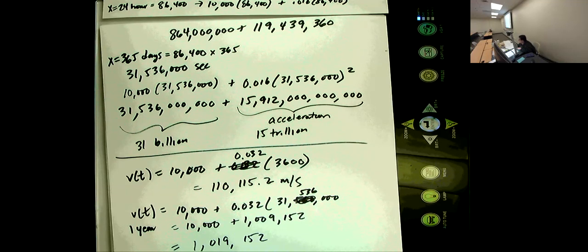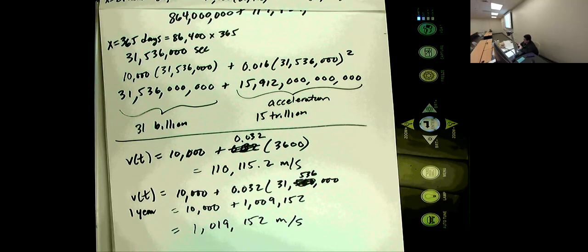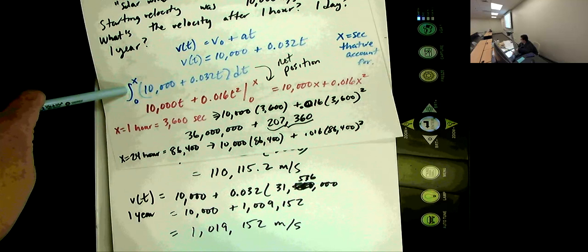We include units in the final answer. This should be meters per second. The way we solved it was for position. Doing the integral gave us position, because the integral of velocity is position.